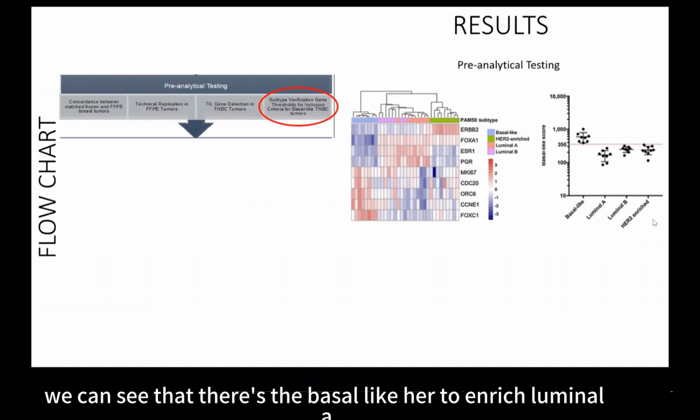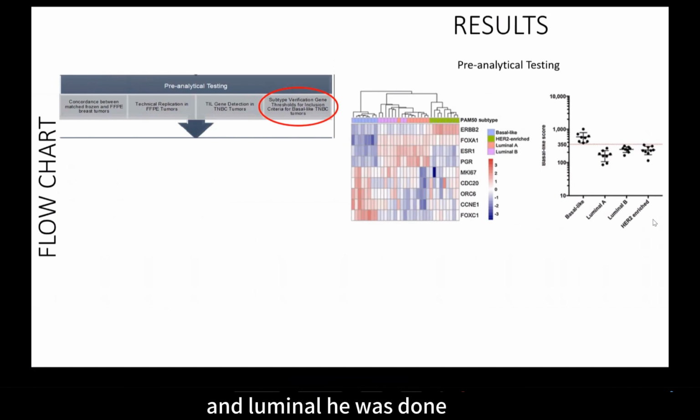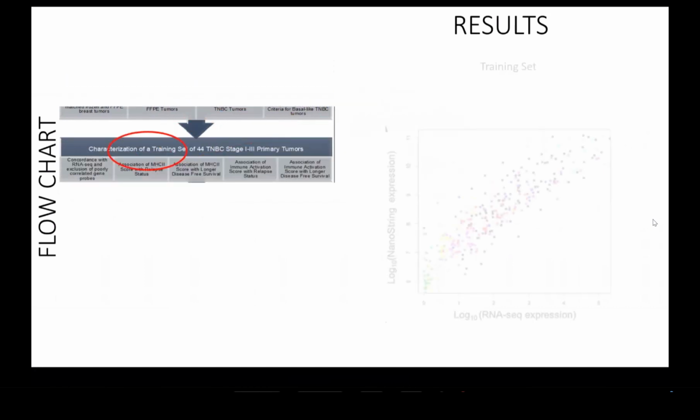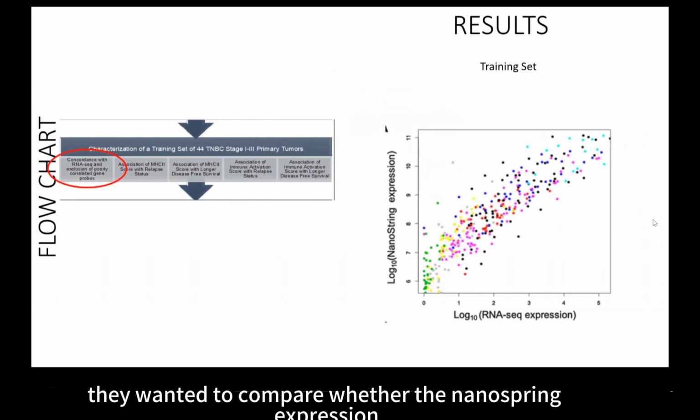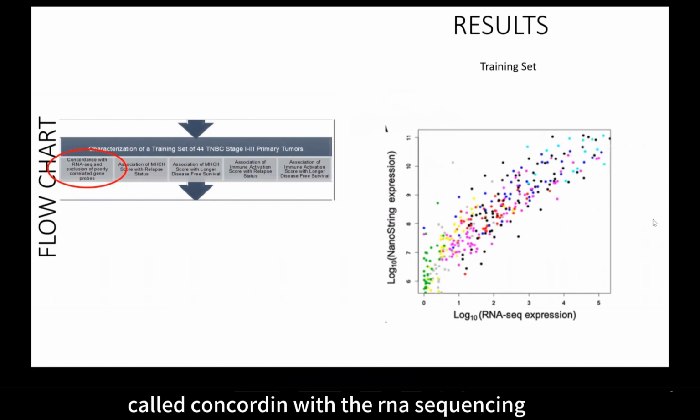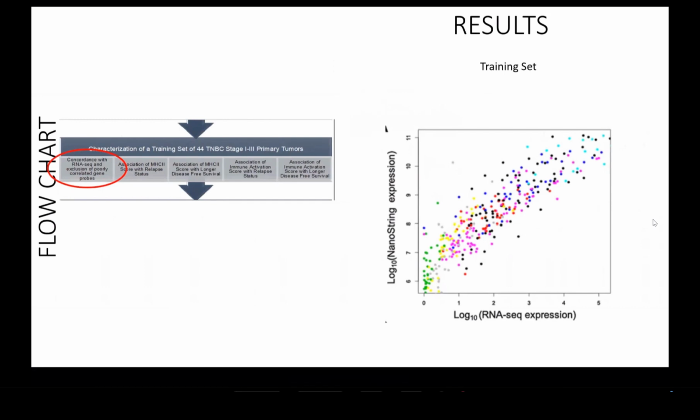When we see here, we can see the basal-like, HER2-enriched, luminal A and luminal B subtypes. And this is the testing that was done using the NanoString. First, they wanted to compare whether the NanoString expression was concordant with the RNA sequencing, and they had a concordant result.